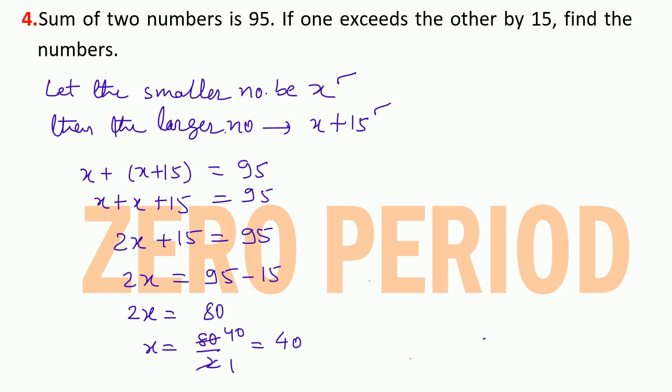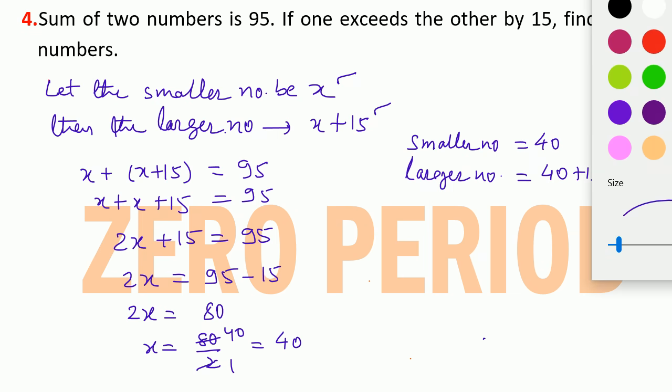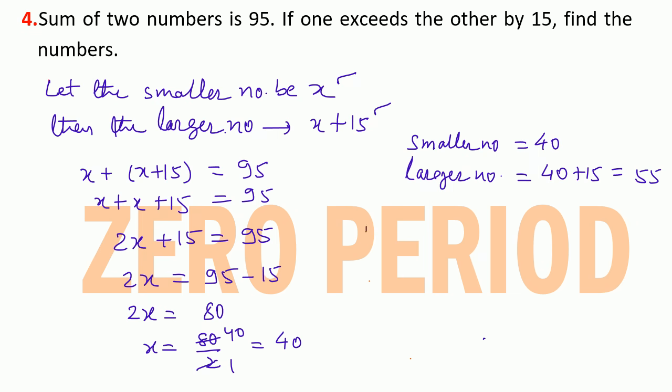So you got x, that means the smaller number you got. So the smaller number is 40 and the larger number is 40 plus 15, that is 55. So at the end you can write your answer in this way.